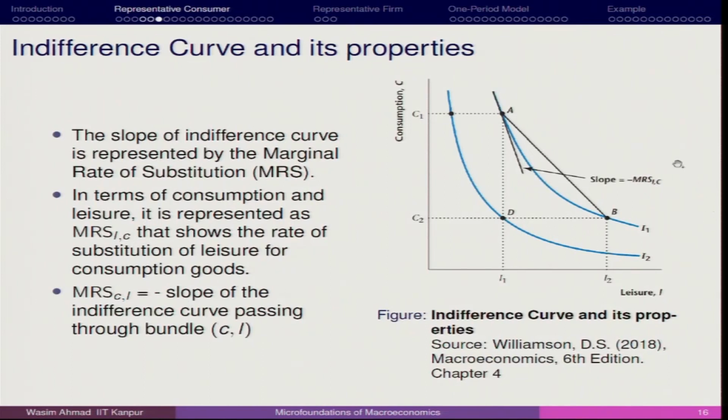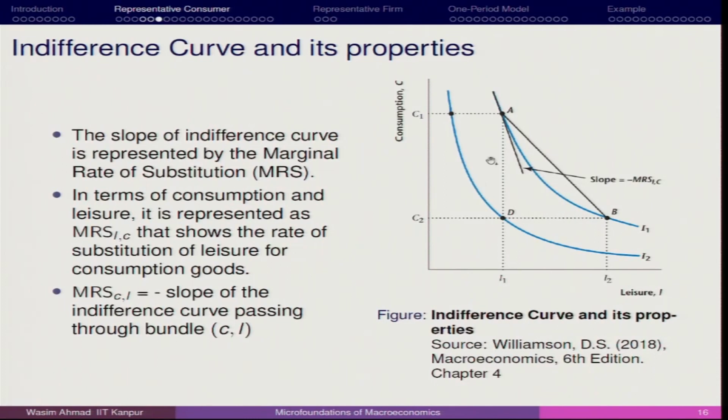So, here we have the slope of the indifference curve, this particular line. The A to B that we are mentioning can be called C1 minus C2, L2 minus L1, but here we are talking about this particular slope, right. And you can also think about how the curvature of this particular line is decided.